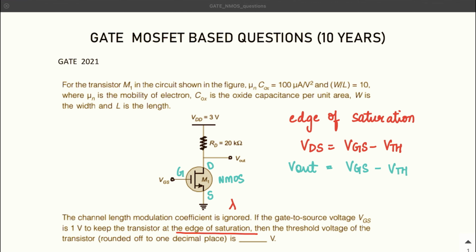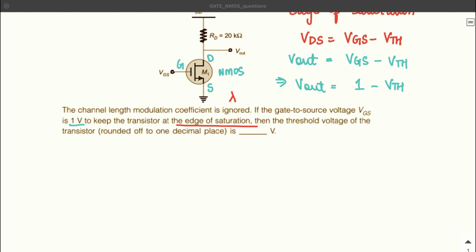But it is given that in order to keep the transistor at the edge of saturation, the VGS value is 1 volt. So the condition that needs to be satisfied is that Vout should be equal to 1 minus VTH. Now we will use this equation to find the value of VTH.